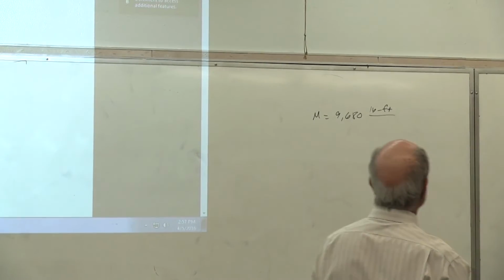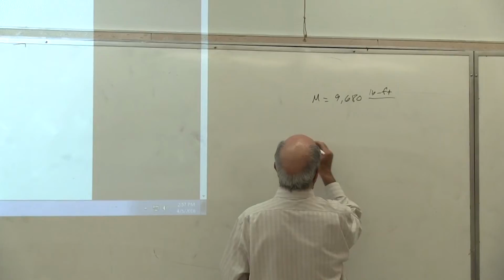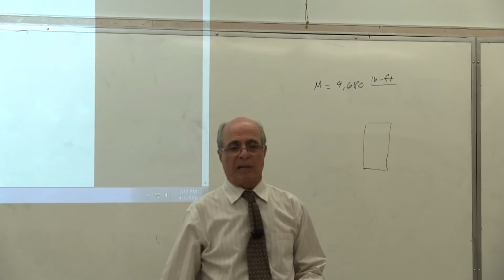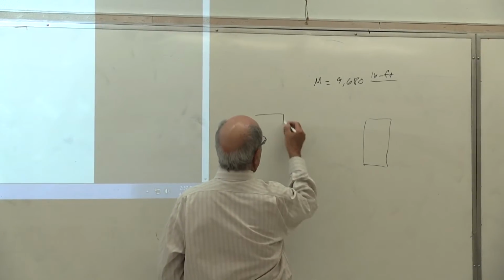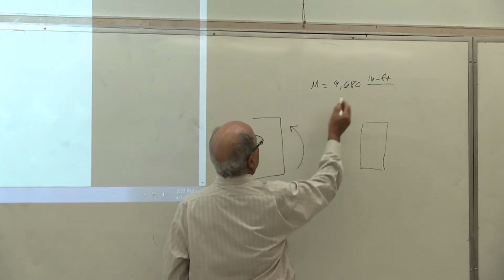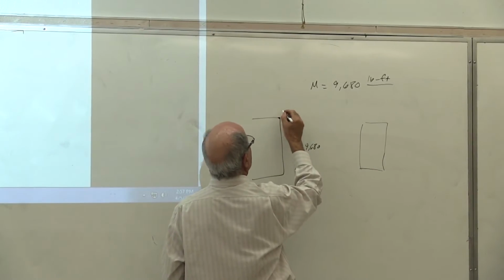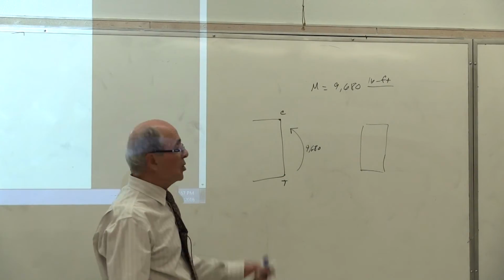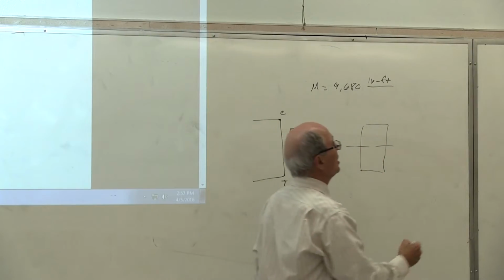Yes or no? Now, you may choose, let's say, a wooden cross-section, a rectangle. This is just a rectangular cross-section. So if you choose a rectangular cross-section for this beam, and the cross-section of the beam has a moment like that, because the positive moment is 9,680, there is compression on top and tension on the bottom. It is symmetrical, so all you need to calculate is sigma. Sigma equal to what?